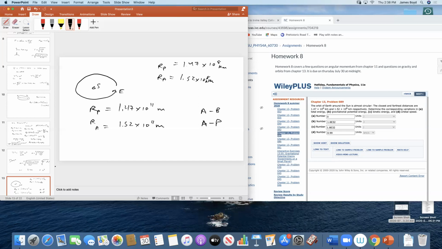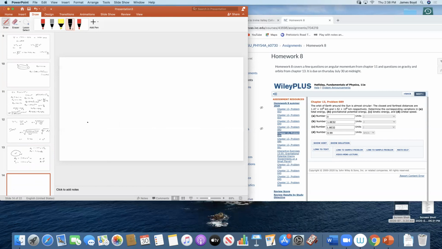So let's go through each of these. Now the energy at any time, anywhere, is mv squared over 2 minus gmm over r. Now this is little m. I'm going to call this m naught, and m will be whatever we're rotating around.